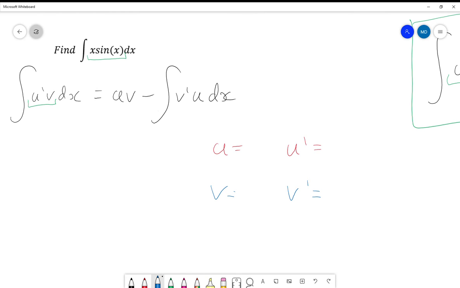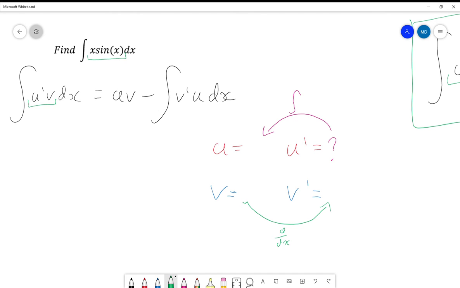Now the question is, whatever we pick for u dash has to be integrated, and whatever we pick for v will have to be differentiated.